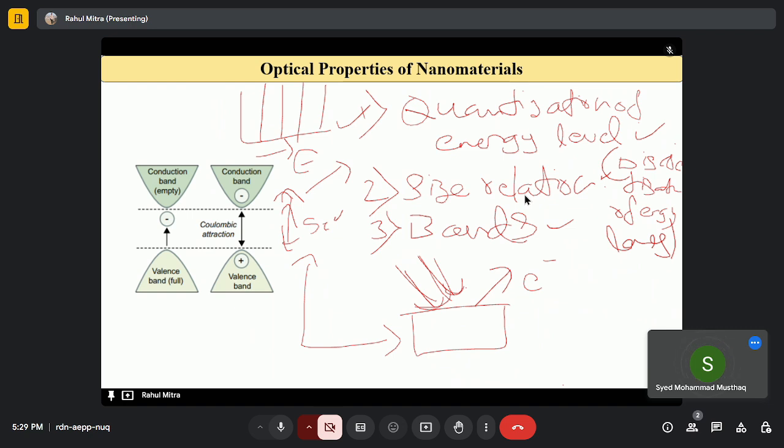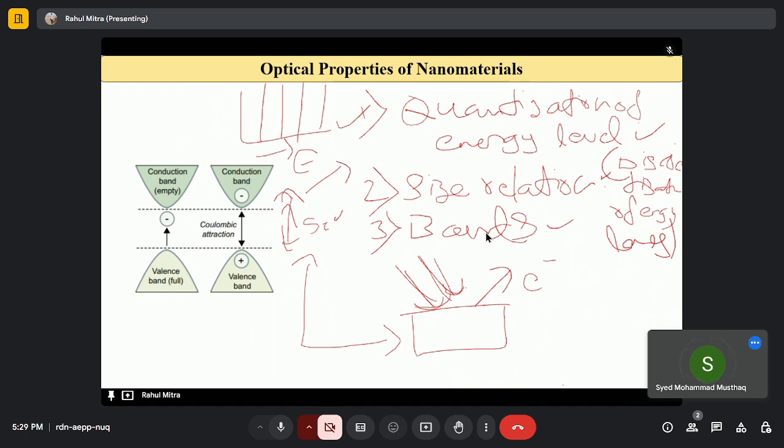Now, if an electron jumps from the valence band to the conduction band, electrons will move in the conduction band, they can conduct, right? Which in turn defines our electrical conductivity, as seen in semiconductors.